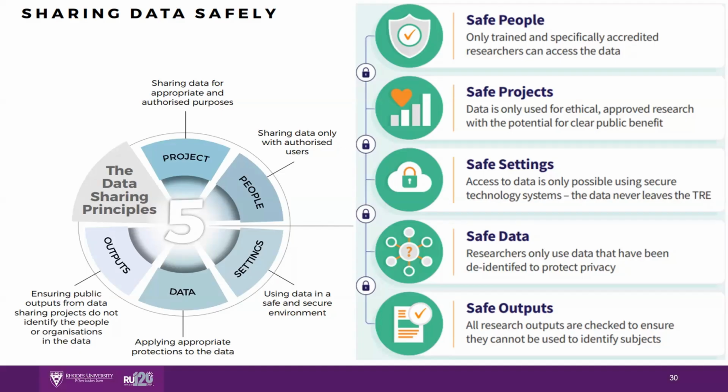The safe setting aspect is something that I've already mentioned, but what I would like to point out is that one of the safest options here is what's known as a tree, so that data can be accessed by using a secure system. So I did mention that you could use data transfer agreements in order to allow you to transmit the data. But the safest option is actually the use of what's known as a trusted research environment.